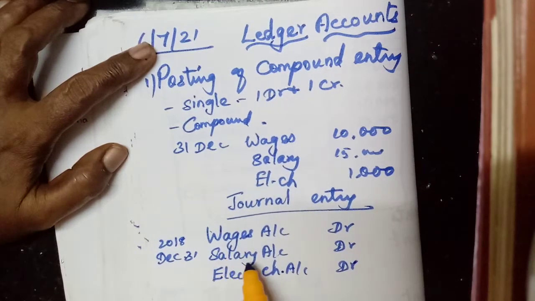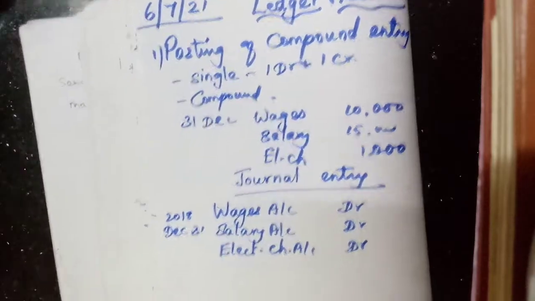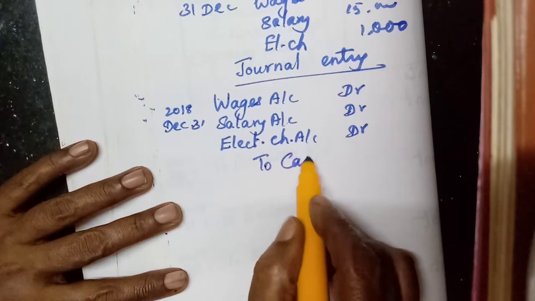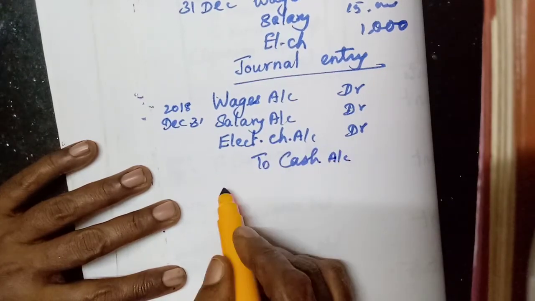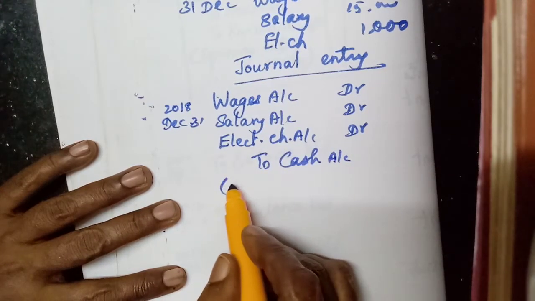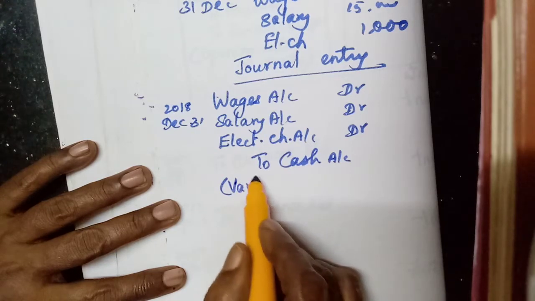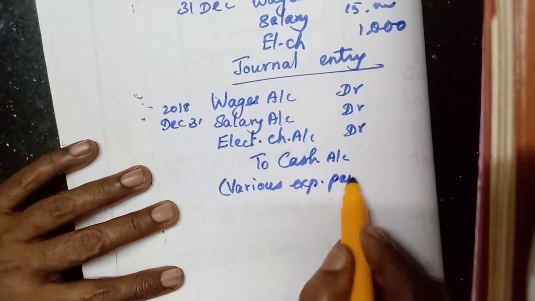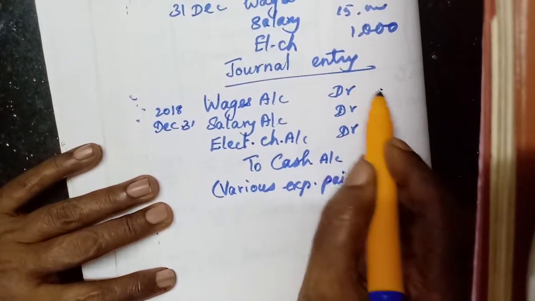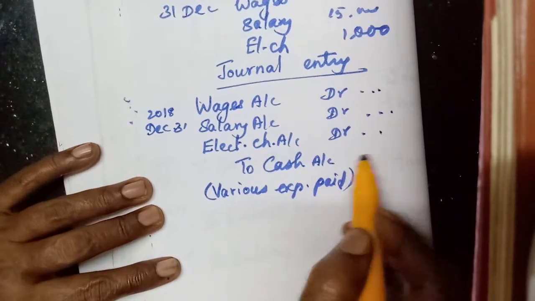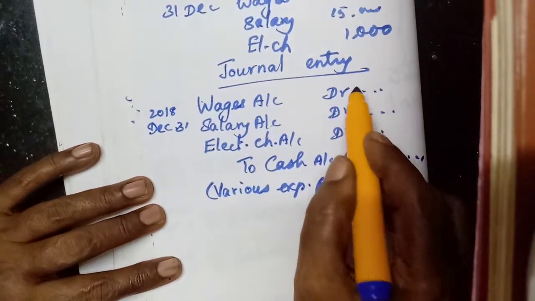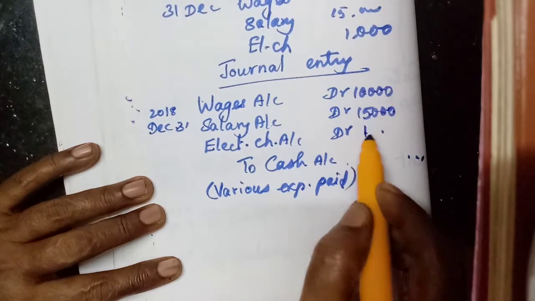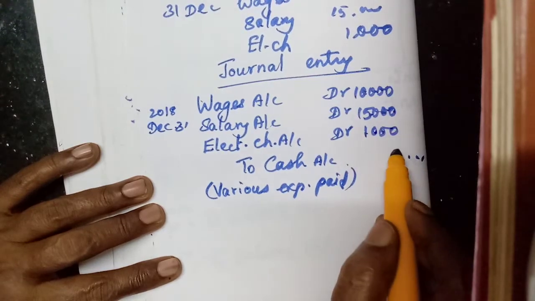All these are expenses we are debiting. Then what is credited? To cash account. We can write, various expenses paid. We will write all the amounts here, 10,000, 15,000, 1,000, and this amount totally we will write here: 26,000.